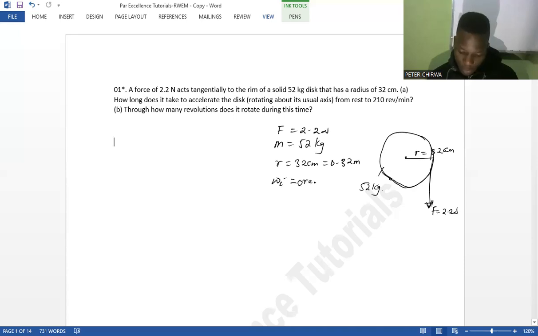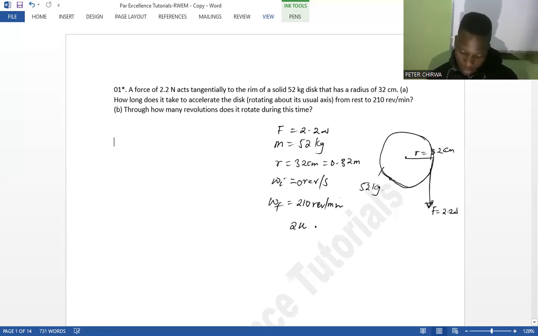So 0 rev per second, and the final angular velocity is 210 rev per minute. Now, we need to also convert this per minute into per second, so that it should be rev per second, so that we get time in seconds. All right, so how do we convert?